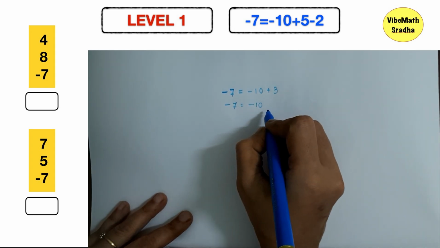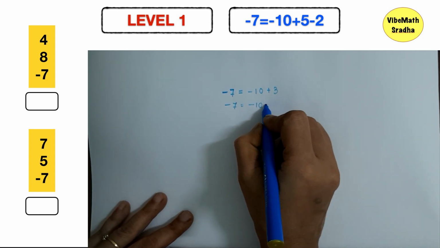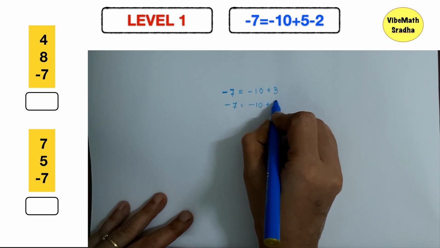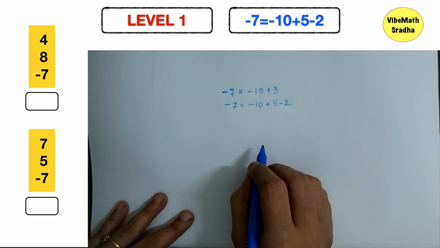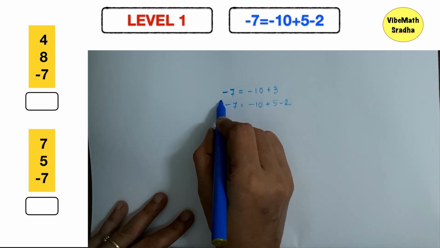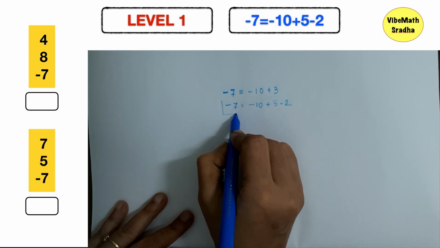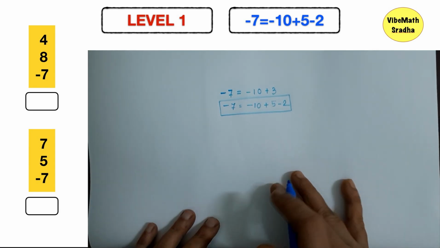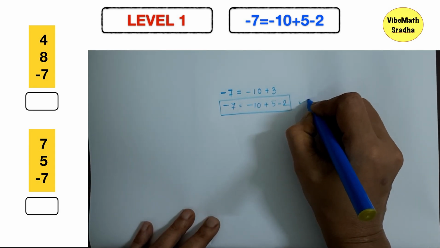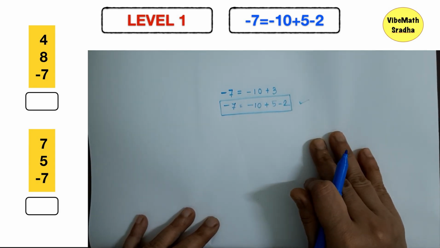What is the formula for small friend addition of 3? Which is plus 5 plus 3 is plus 5 minus 2, right. So, now this is the formula for combination subtraction of 7. We will be using this formula for solving some examples.